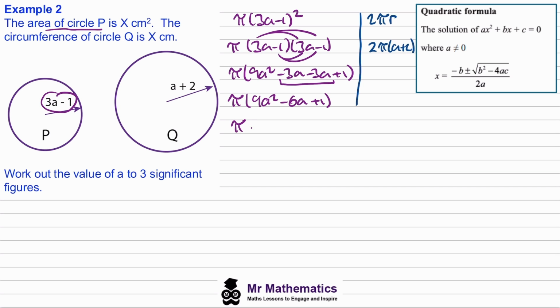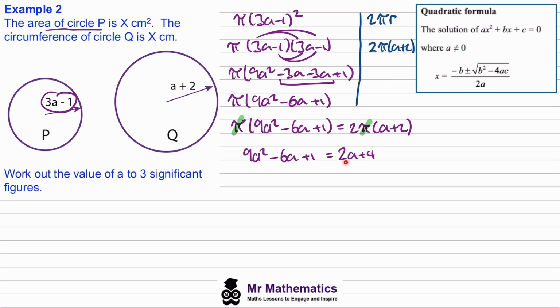So the area of circle P is equal to 2 pi multiplied by a plus 2. We can divide both sides by pi, so these will cancel, and then we'll expand out these brackets. So the right-hand side is equal to 2a plus 4.